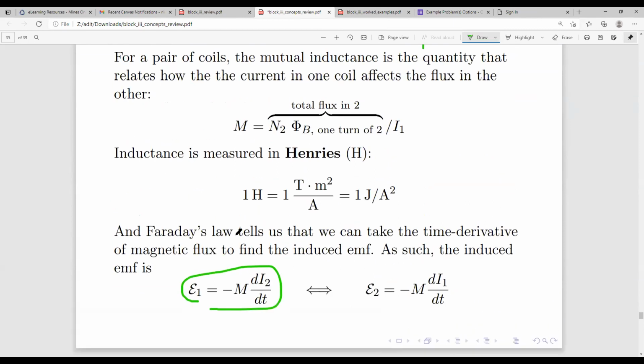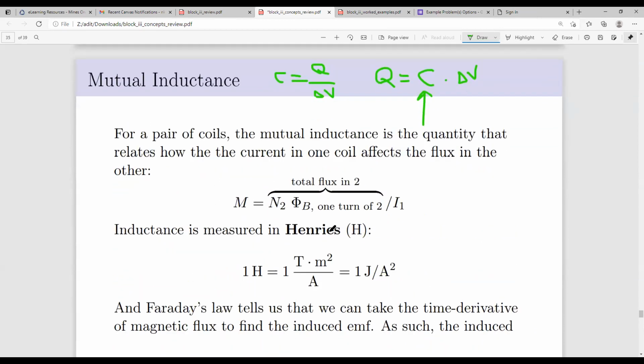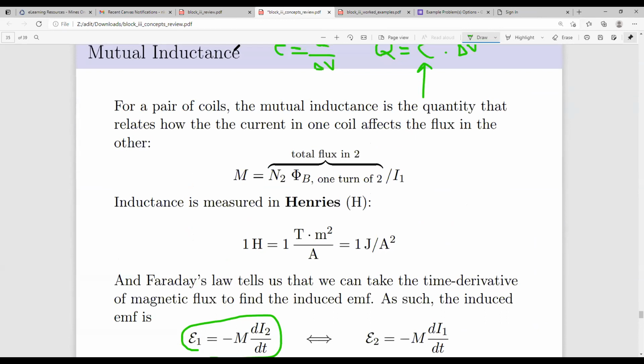Once you have the mutual inductance, you can just go from here. Did I not write that equation? There's an equation on the equation sheet, but I guess we can start with the magnetic flux.